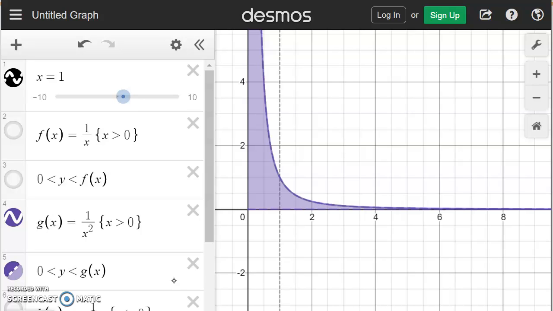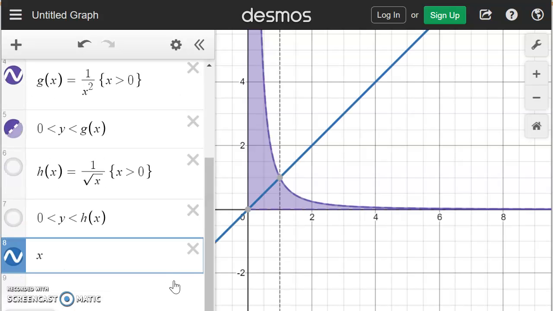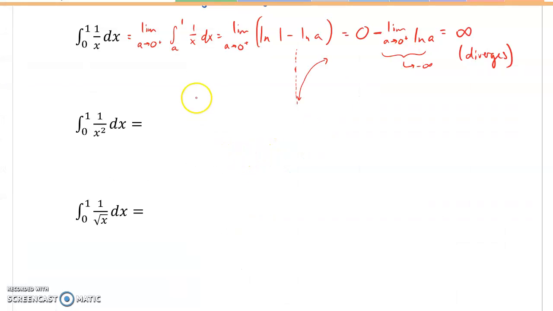So that's kind of an informal thing to consider. In fact, if we look at this line, it's hopefully clear that there's not reflective symmetry here. The inverse of 1 over x squared is not 1 over x squared. So let's go ahead and jump into this and see what happens.